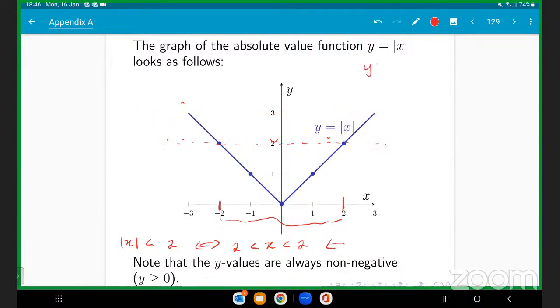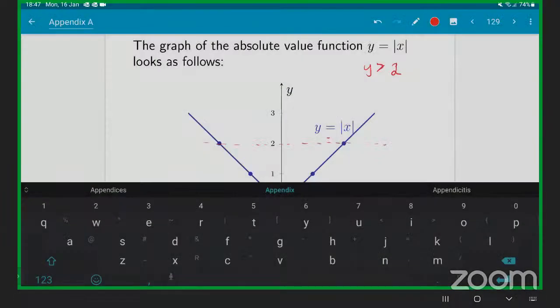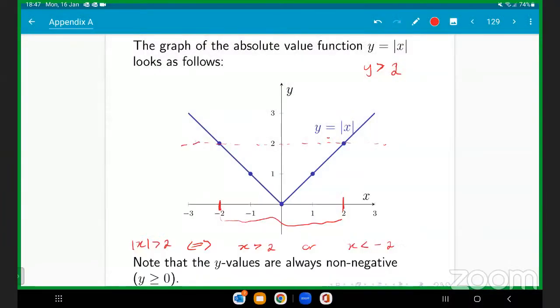The last rule said that if the absolute value is bigger than some number, that is true precisely when one of two things happens: either x is bigger than 2 or x is smaller than minus 2. Once again, we look at our dotted line, y equals 2. We want all those numbers x such that this graph lies above this dotted line.